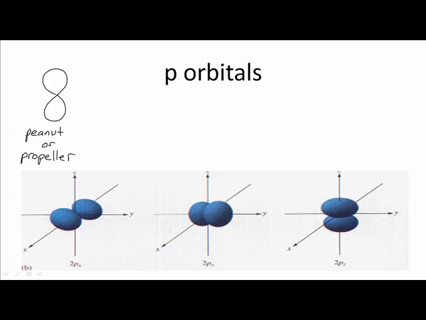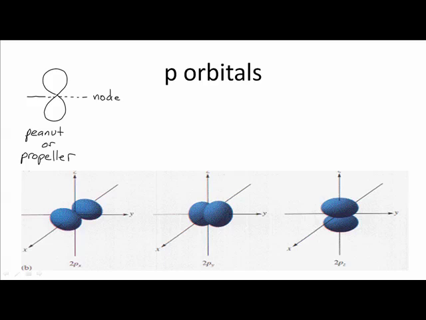Now, if there's a node down the middle, a node is where the function goes to 0. So on one side of the node, the function would be positive, say. When you go through the node, you cross that barrier, you're going from positive to negative. So one side is going to have the opposite phase of the other.